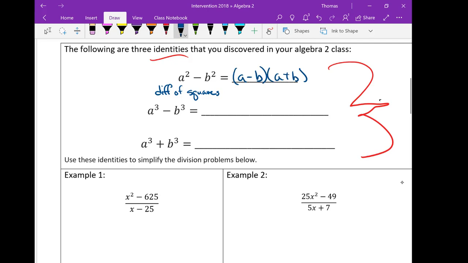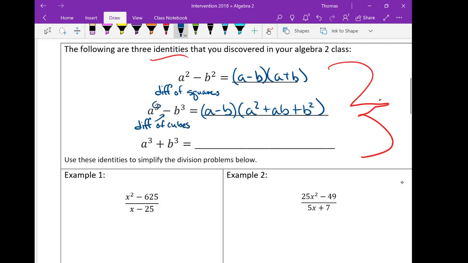We'll see how we can use it later on. The second identity is a minus b times a squared plus ab plus b squared. And then the third one, that one's called the difference of cubes. It's called the difference because we have subtraction of cubes.